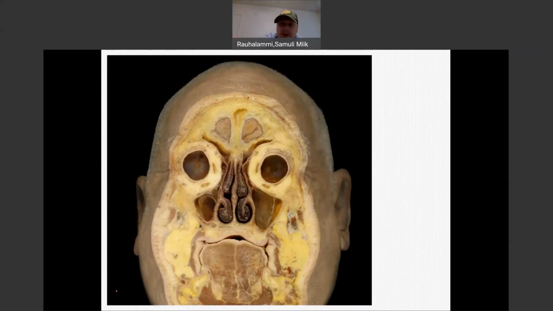So first of all, we see our nasal septum separating the right and left side of the nasal cavity. Another thing that we're seeing really nicely here are these nasal conchae, coming from the wall on the lateral side of the nasal cavity.